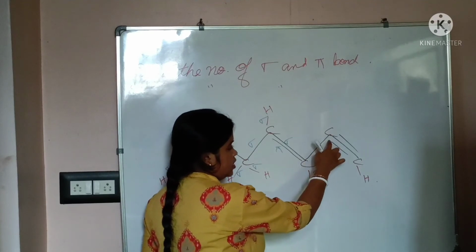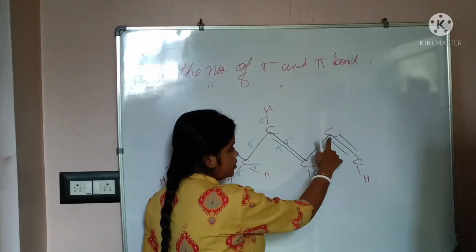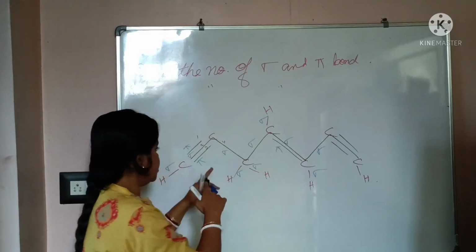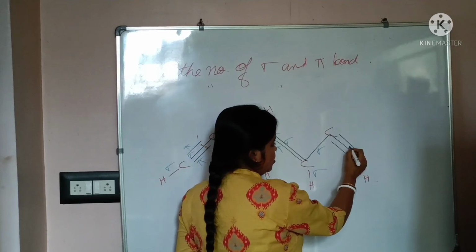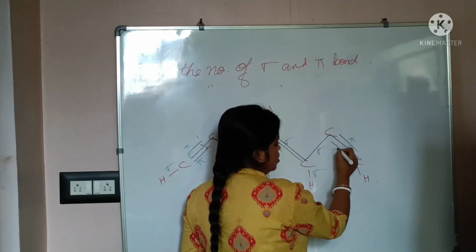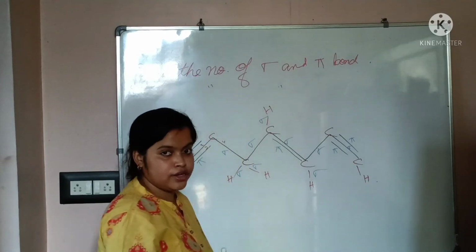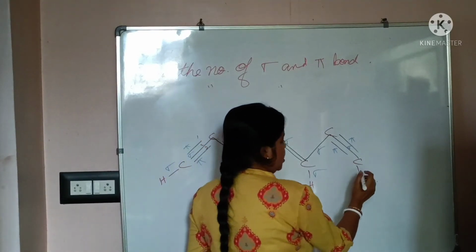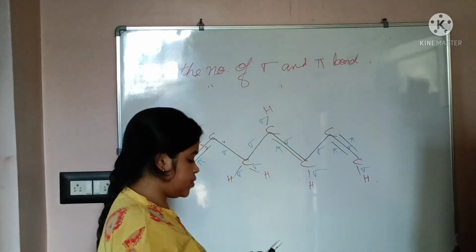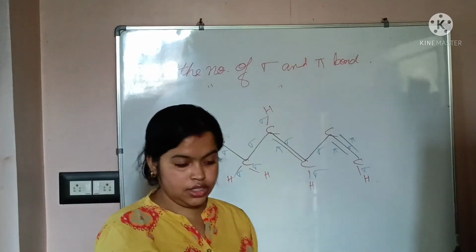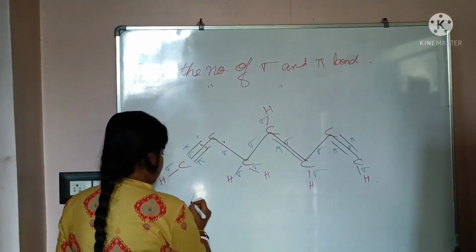This carbon and this carbon form a sigma bond, and this carbon is similar to this carbon, so it has 3 bonds, so one should be sigma and the others are pi. And this carbon forms a bond with hydrogen, so it is also a single bond, so it is also a sigma bond. So I hope you understood this. Now let me count the number of sigma bonds.